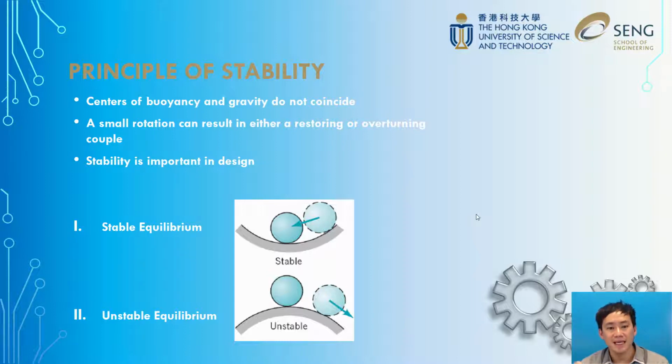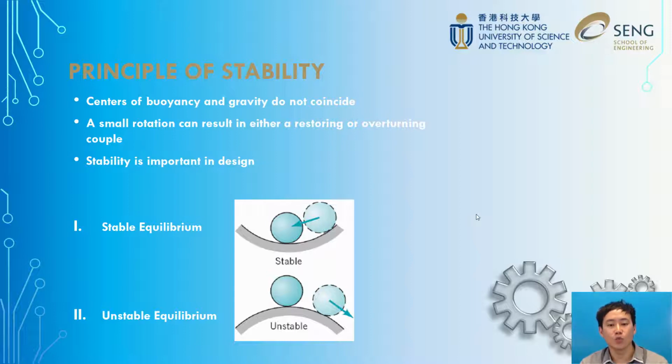But when you rotate the system a little bit, when you give it a small push, maybe because of air current, maybe because of some unpredicted force acting on the system, it will generate either a restoring or overturning couple. If it generates a restoring couple, that means it will bring the system back to the original condition, and that is something we call stable equilibrium.